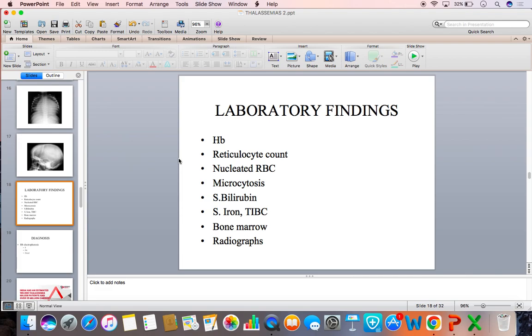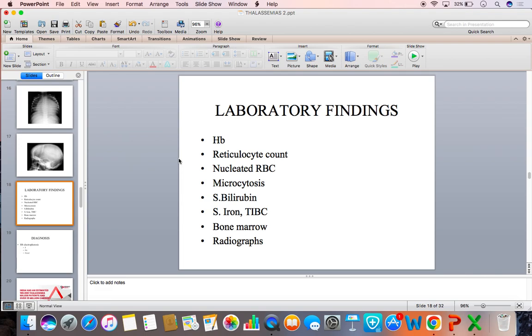What is the laboratory workup? Do the hemoglobin and the reticulocyte count. There is a dramatic fall in the hemoglobin content, very low hemoglobin. It may come down to even less than 3 grams per cent. And the reticulocyte count is relatively low when compared to the degree of anemia.